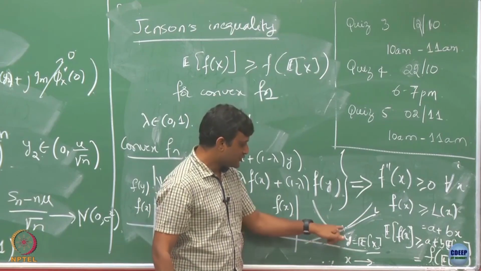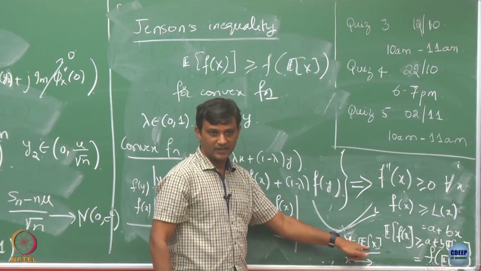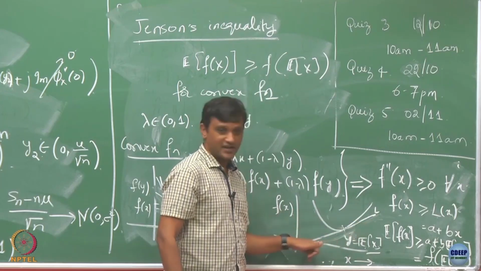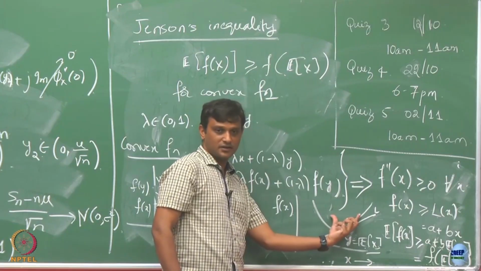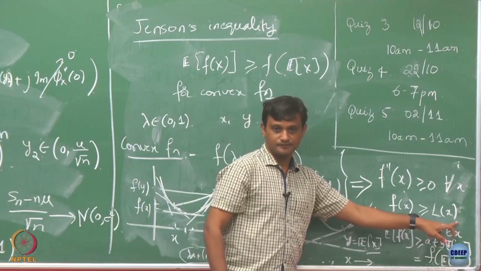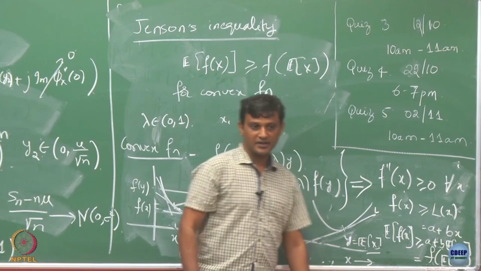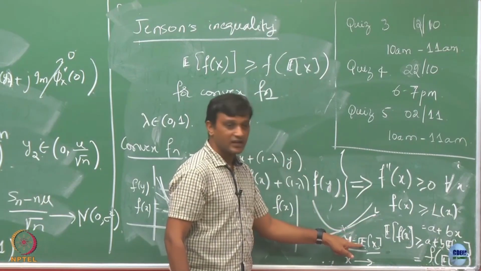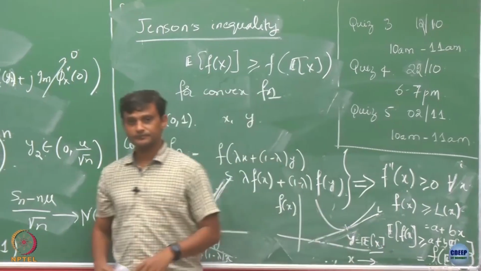What I did is I chose a point y, which is the expectation of x, and on that point I have a linear function like this, and I know that this linear function always lower bounds my function f of x. So that is the first property I used here, and then I made sure that this f and this L function have the same value at expectation of x. So that is why the Jensen inequality holds.